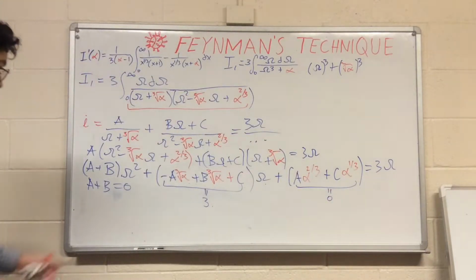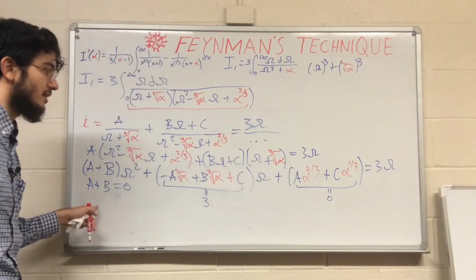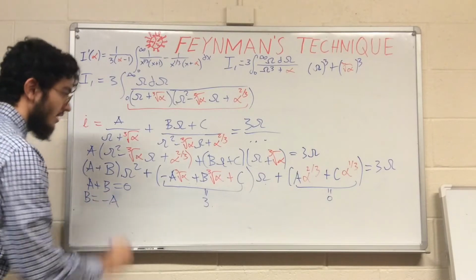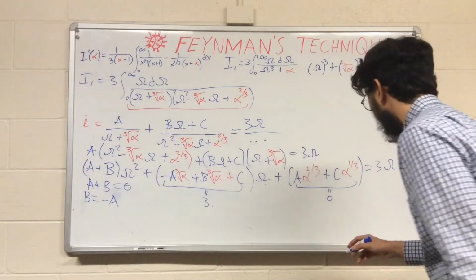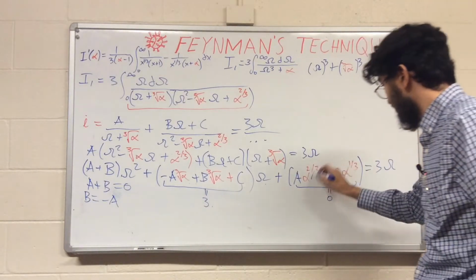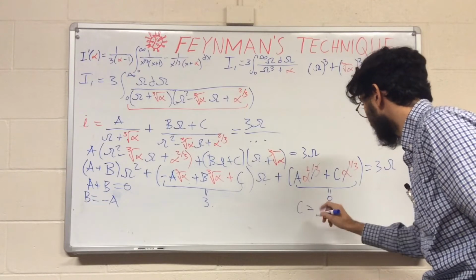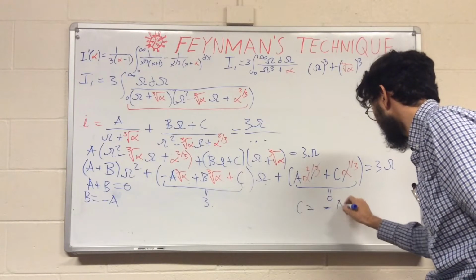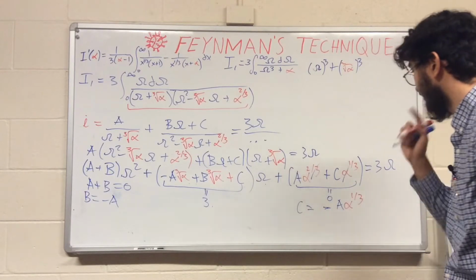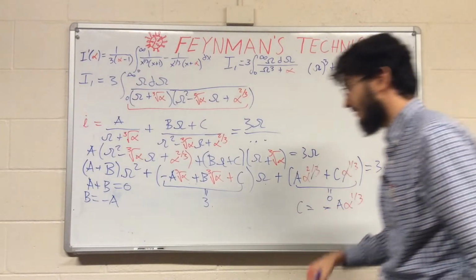From this, we can easily solve everything in terms of A. Over here B is equal to minus A, and because this is equal to 0, we cancel out one alpha to the 1/3, so we get that C is equal to negative A times alpha to the 1/3. That's everything in terms of A.